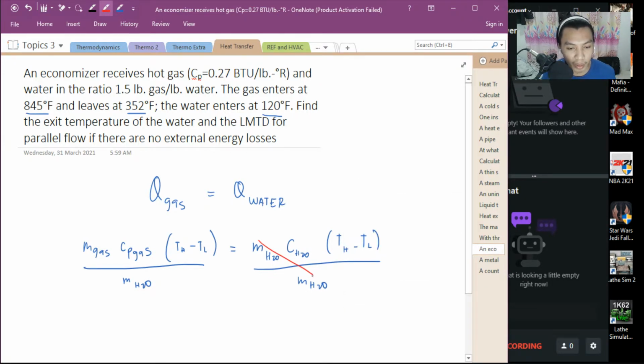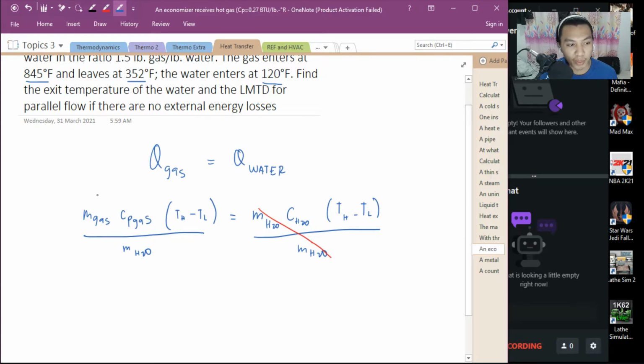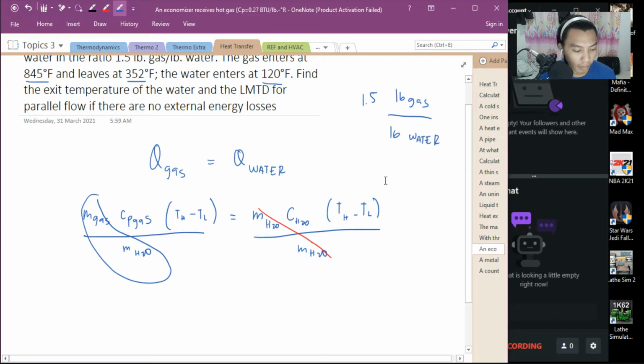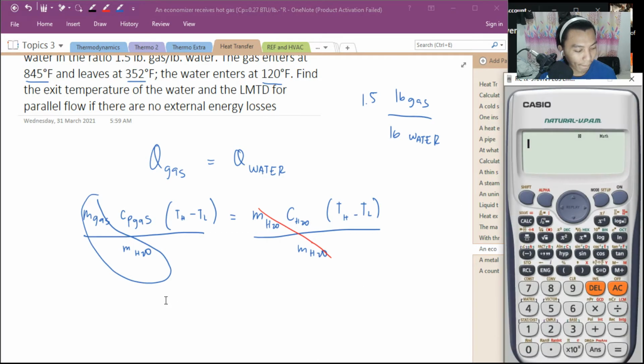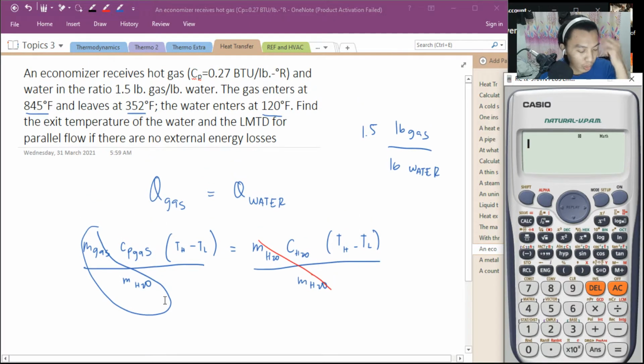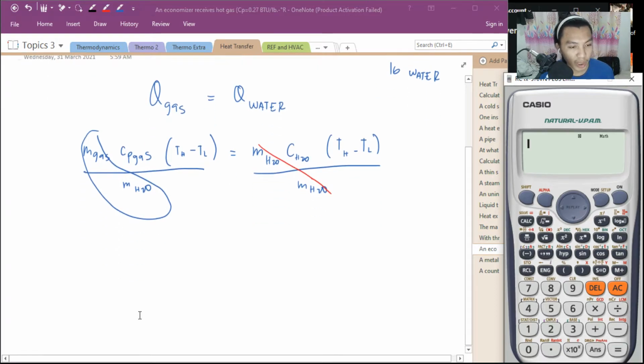So, ang lumalabas dyan sa computation mo, given na pareho to, M gas, MH2O, that is equal to 1.5 pound gas per pound water. So, the best way for you to do it is i-solve muna natin siya bago natin i-drawing.